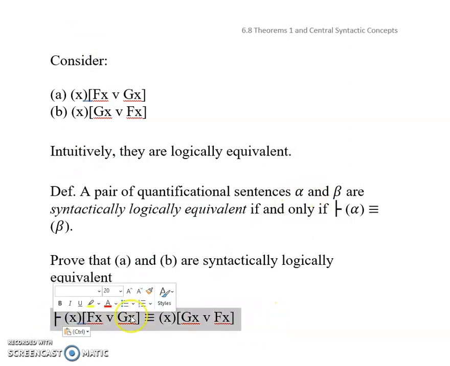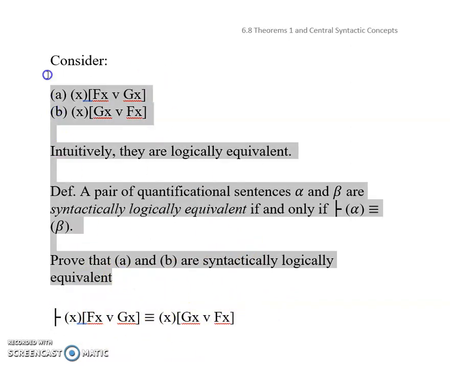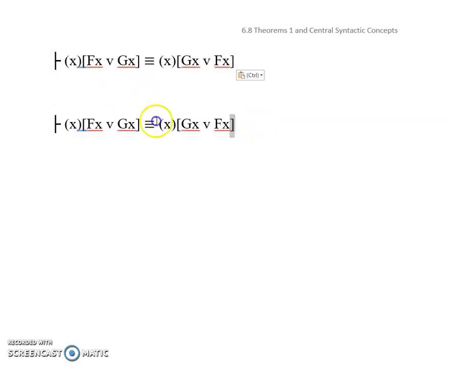So you're going to be showing that this is in fact a theorem to prove that this sentence is logically equivalent to this sentence. So pause now and see if you can show that this whole thing is in fact a theorem, thereby establishing that this sentence is logically equivalent to this sentence. Pause now.